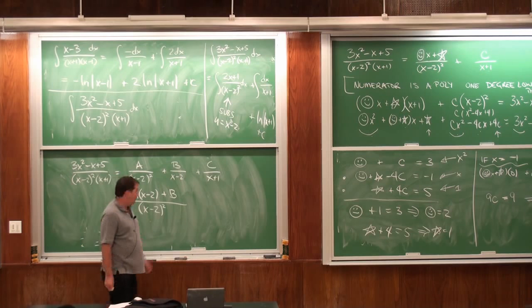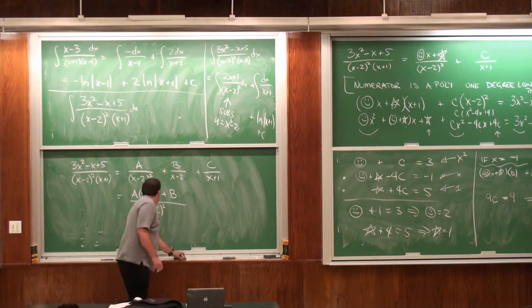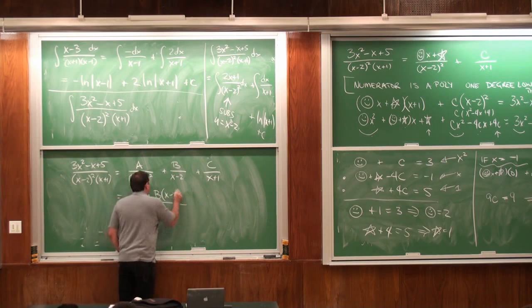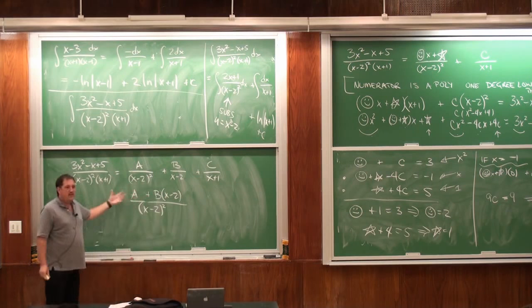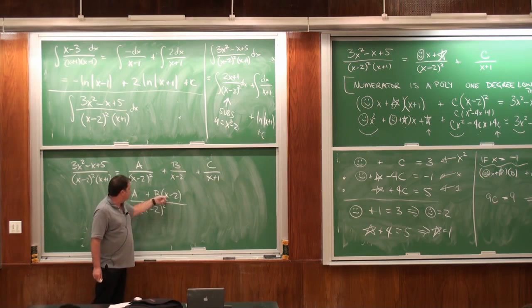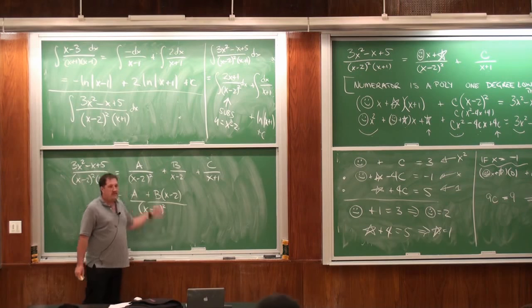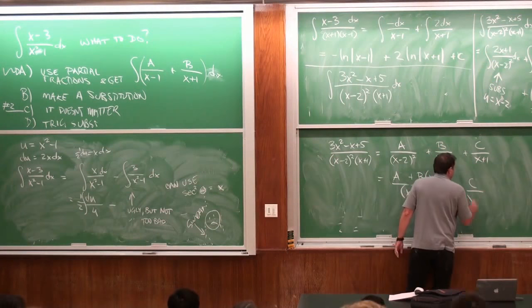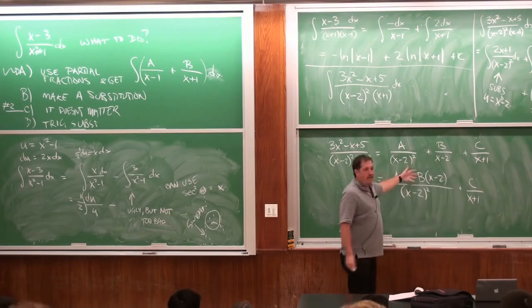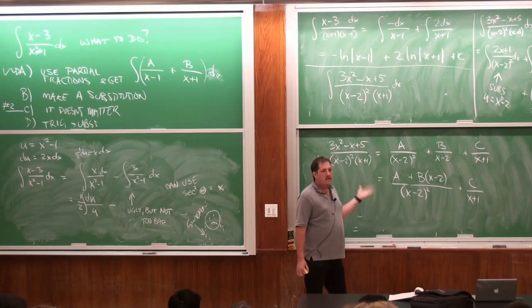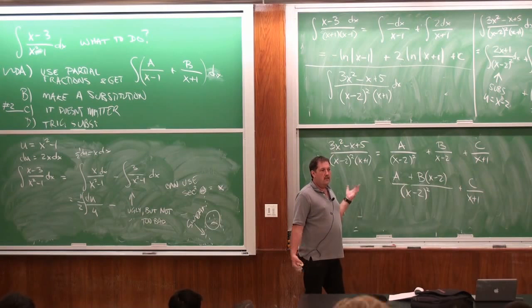Sorry, it's still the same thing morally. So A is the star, B is the smiley, and A minus 2B is star. That doesn't matter. And if you want to put more stuff up here, if you want to put D's and E's and Q's times X's and X cubes, it's fine, but they'll all be 0. So why bother?